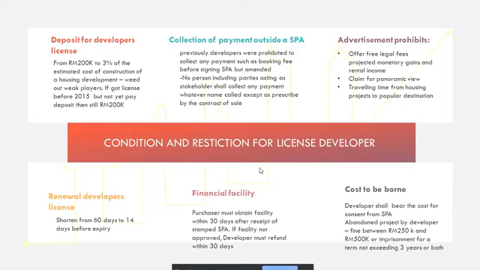So, condition and restriction for license developer. For any pemaju yang berlesen, for any license developer, the deposit must be needed and submit to the controller, from 200,000 to 3% of the estimated cost of construction. 200,000 hingga 3% daripada cost construction tersebut.